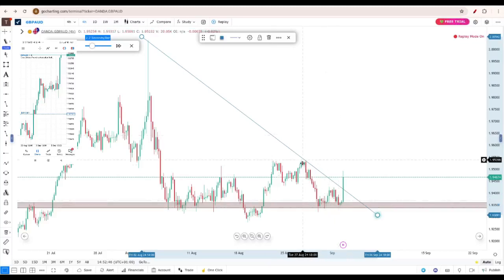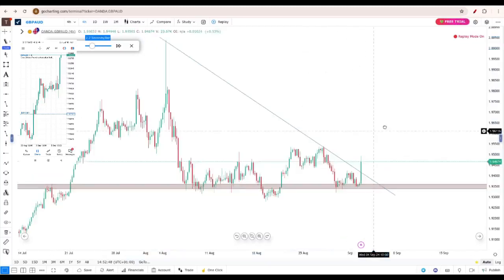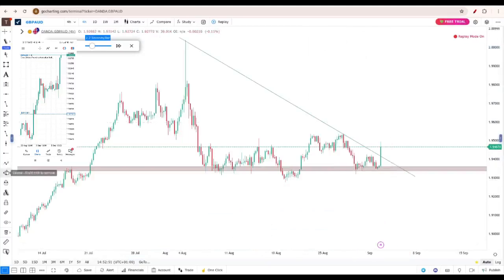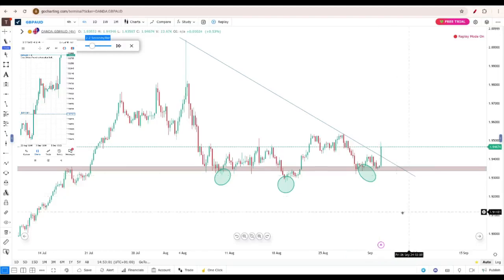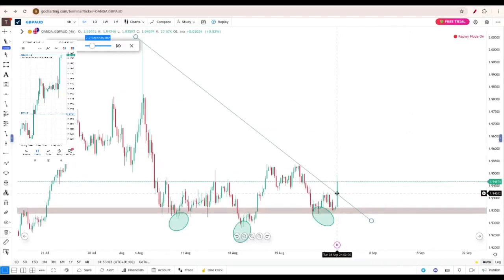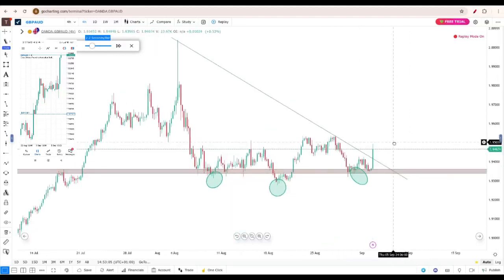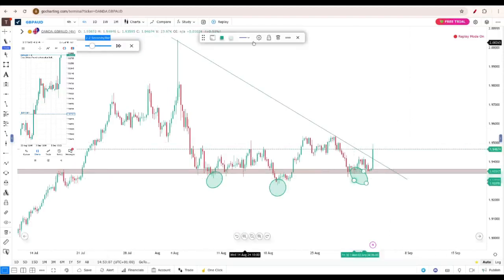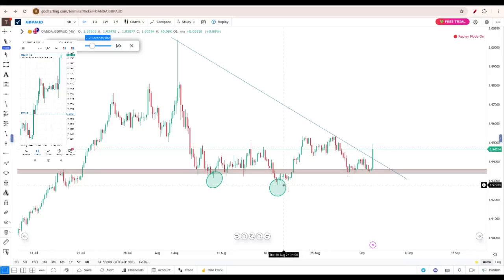So immediately I saw a breakout of my counter trend line, and my head and shoulders has been completed. There is nothing stopping me from entering this trade, as in nothing. So immediately I saw this, I did my calculation and got ready to enter the trade right away.